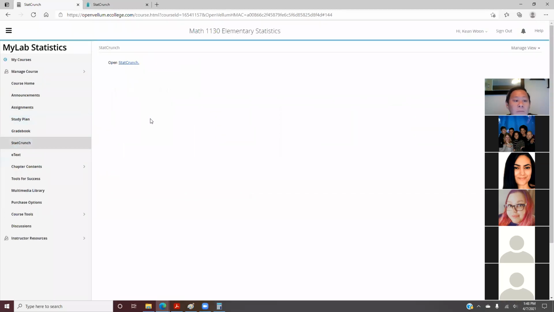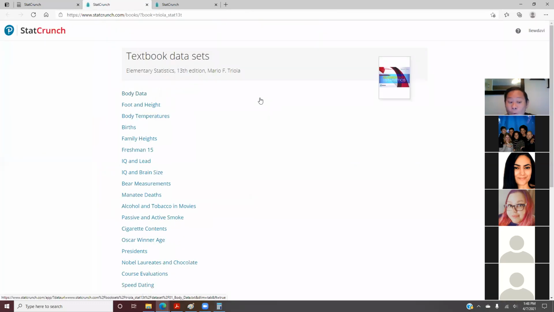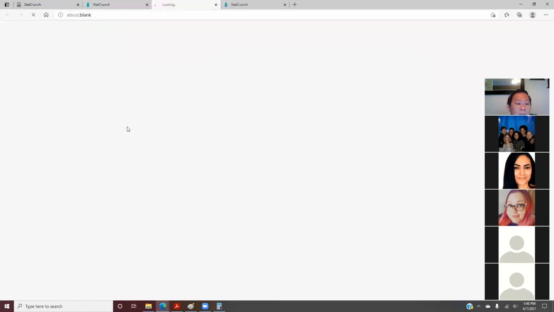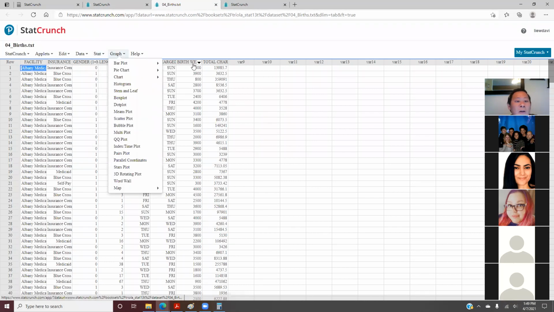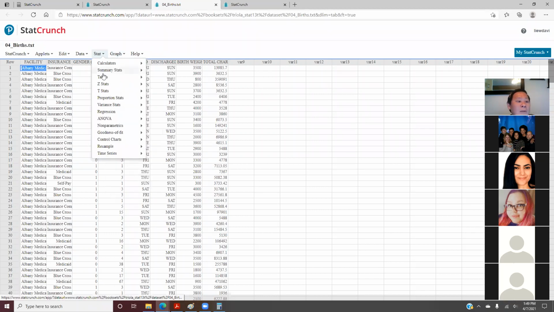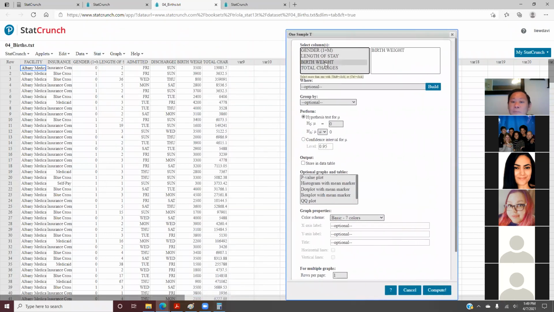Or I can call you to go to the data files and just import it from the data file. So if I want a lot of numbers, say I want you to go to birth and concentrate on birth weight, what you do here is click on the birth weight, get it imported over here, and then you go to Stat, T Stat, One Sample, With Data, and we are doing birth weights.